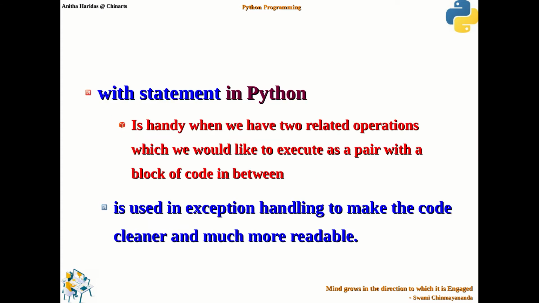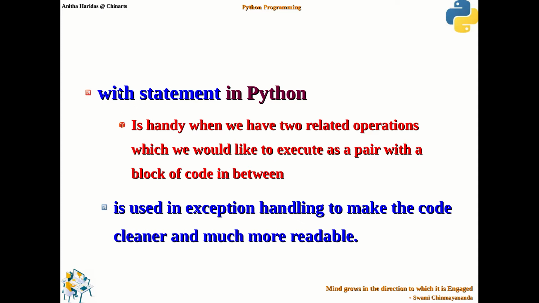Then apart from this, we had already discussed whenever we are handling files, we have to open the file, do the file manipulation like reading, writing, or performing some kind of operations, deleting, whatever you want to do, then you have to close the file. Now, Python has a statement called the with statement.